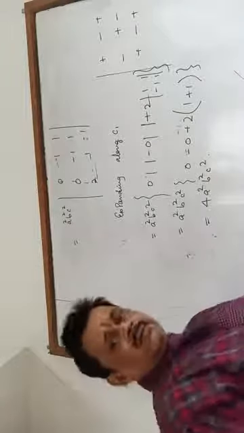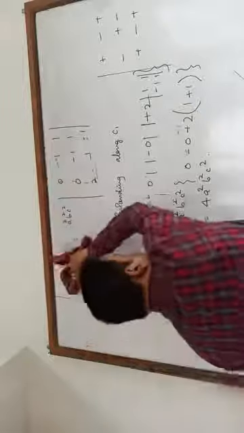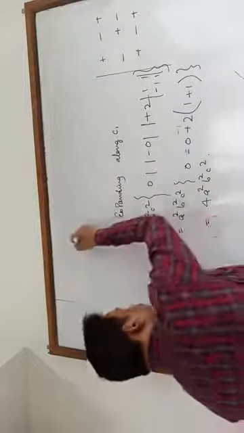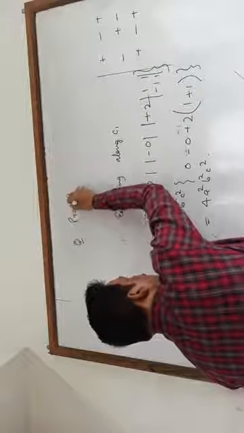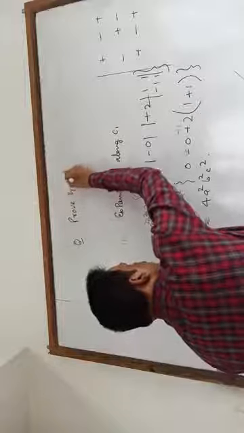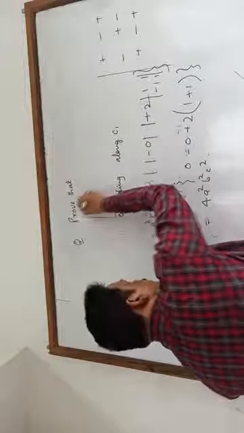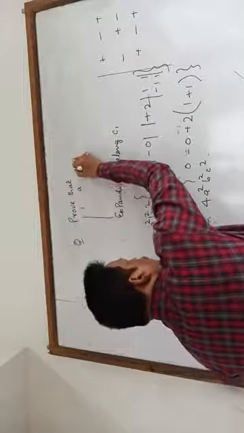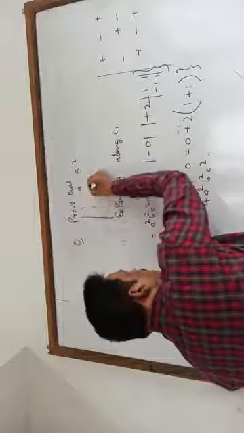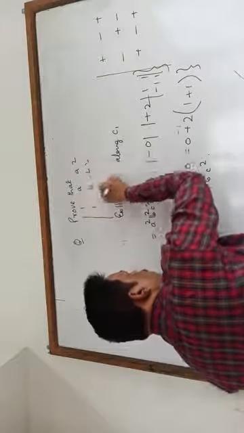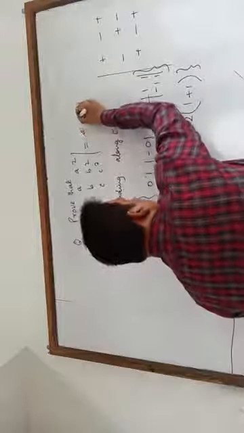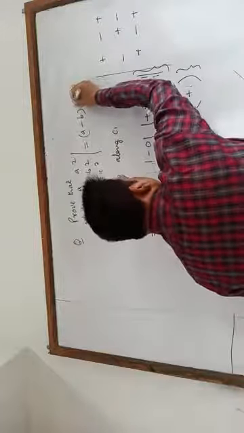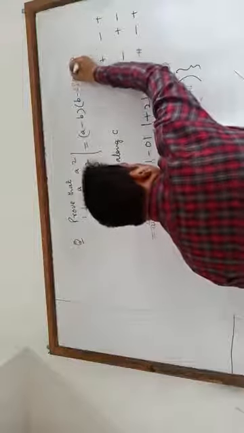See again another question. Prove that the determinant with rows (1, a, a square), (1, b, b square), (1, c, c square) equals (a minus b)(b minus c)(c minus a).